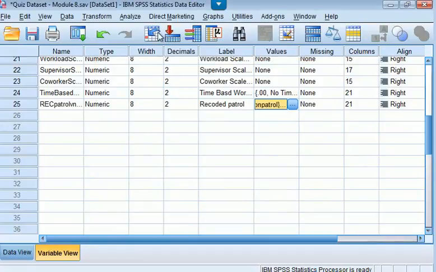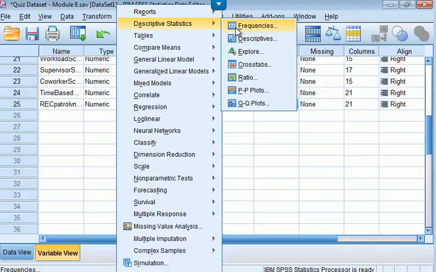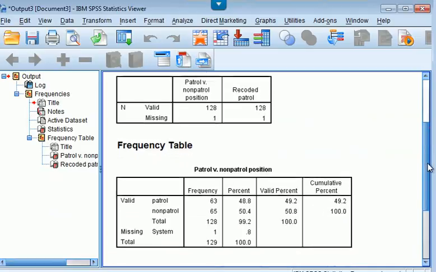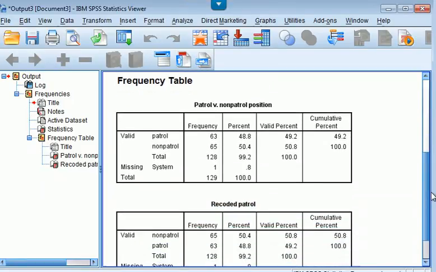Click OK, come back, reanalyze this. It'll just make it easier to see. You can see that these have been recoded correctly because patrol had 63 and now patrol has 63, non-patrol had 65, non-patrol has 65. The valid percentage of patrol is 49.2 on your quiz.